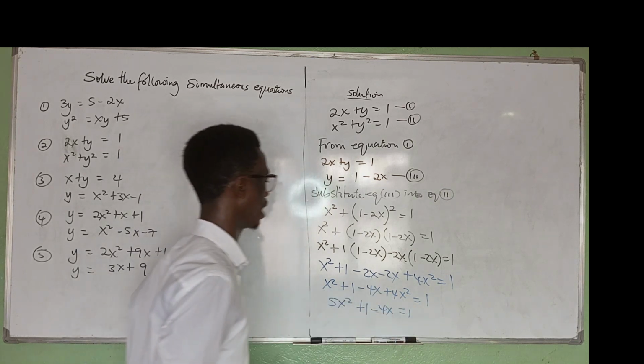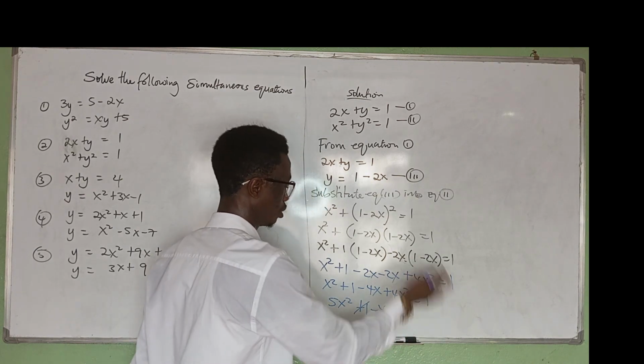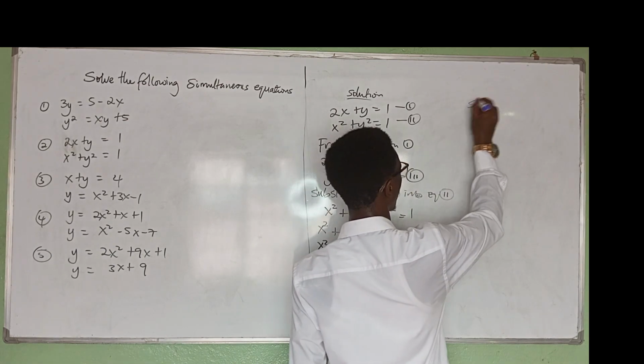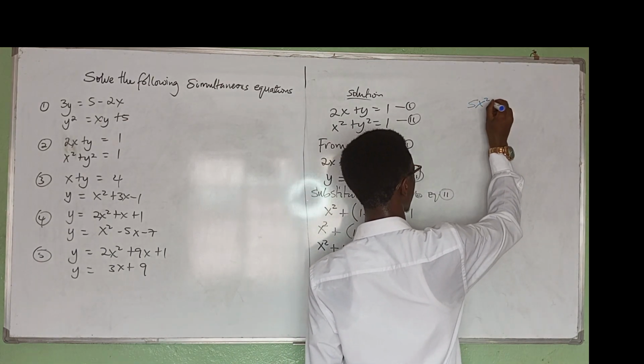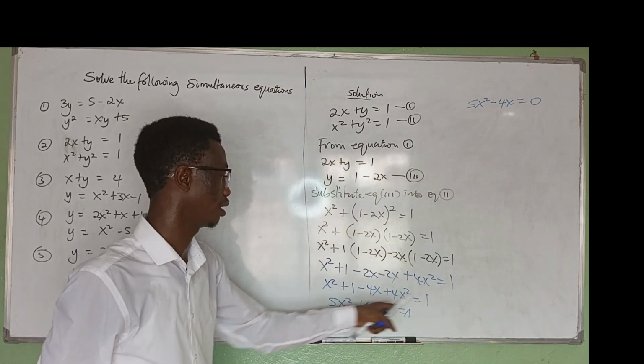If we bring this one here, it's going to cancel, because we have positive 1 here and positive 1 there. If we transpose it, it's 1 minus 1. So we are left with 5x squared minus 4x equals 0. Remember, we cancel this one and this.